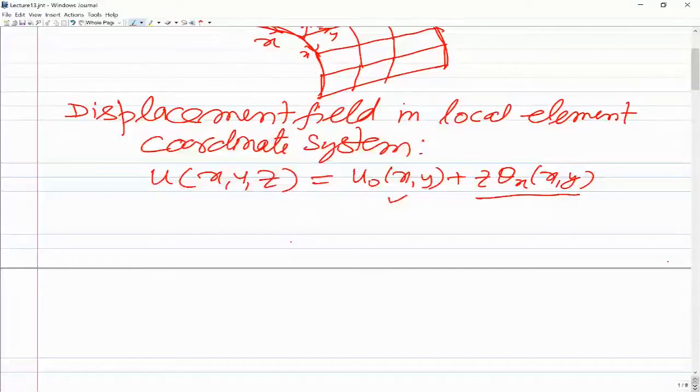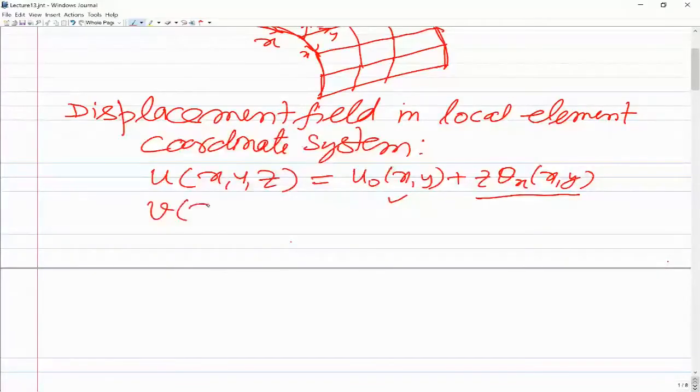But now we have to include u naught, because when plate elements are in different planes, the coupling will cause stretching of the middle plane of the different elements, even though there is only load in the transverse direction, that is normal to each plate element.